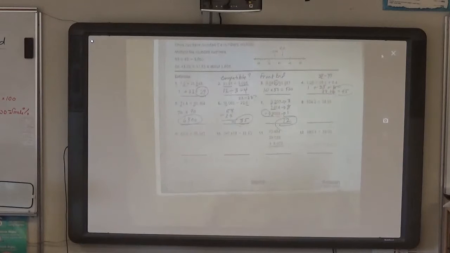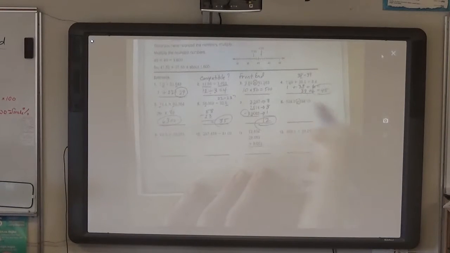Let's do one more with compatible numbers, division. We have to look at front-end estimation when you're doing division. So, 24 could round to 20. We could also round, maybe round to 25, because 25 can be multiplied, you can count by 25s easily.